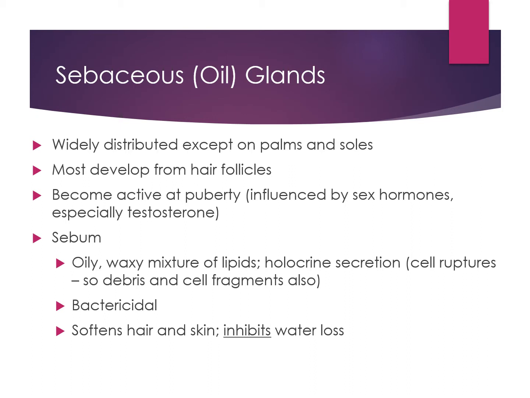Again, sebum is an oily, waxy mixture of lipids, and it's made by holocrine secretion, so that means the cells that are making sebum rupture, leaving behind debris and cell fragments in the gland. Sebum is bactericidal, and it softens hair and skin. It also inhibits water loss.